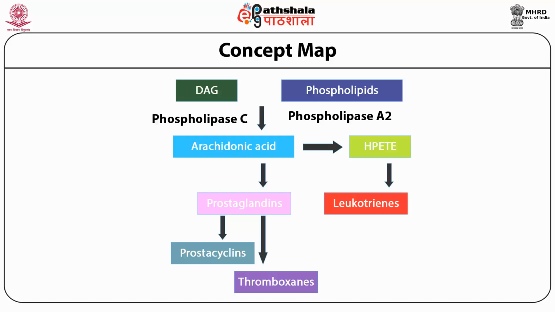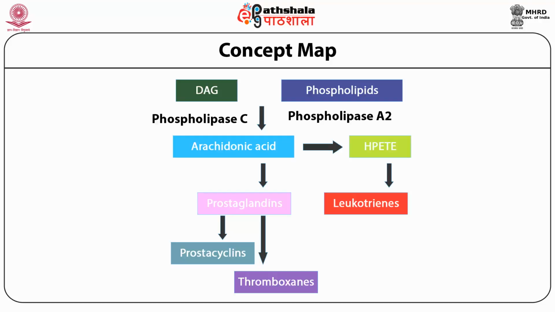Arachidonic acid further, through various transformations and conversions by different enzymes, gives rise to prostaglandins, and these prostaglandins further metabolize to prostacyclins as well as thromboxane, and this group of prostaglandins, prostacyclin and thromboxane contributes to prostanoid biosynthesis.